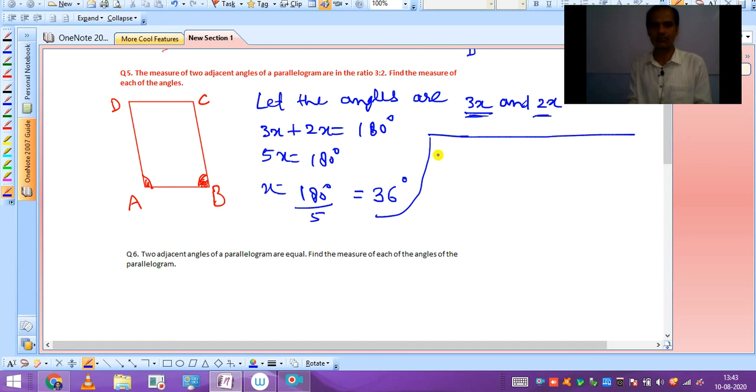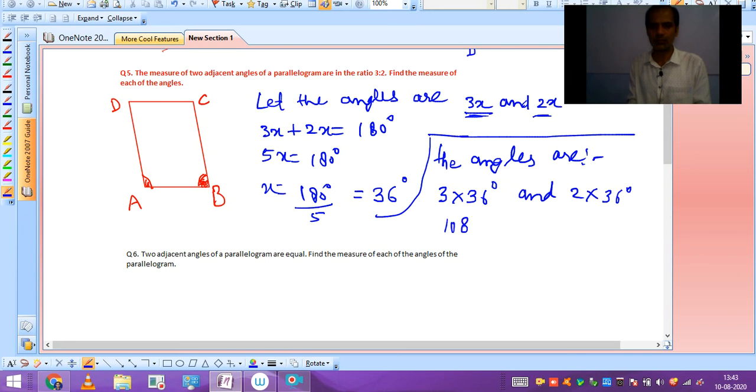So we can write the angles are 3 into 36 degrees and 2 into 36 degrees, that is equal to 108 degrees and 72 degrees. Okay students, these are the measurements of two adjacent angles which are in the ratio 3:2.